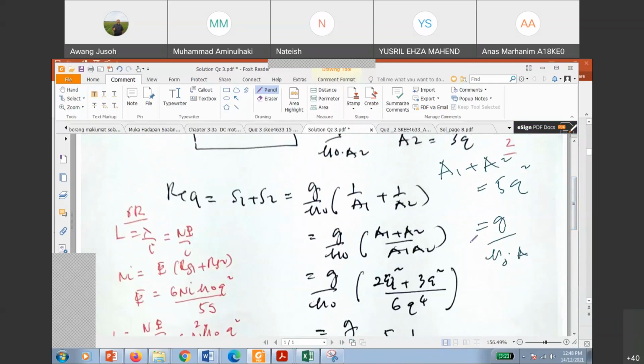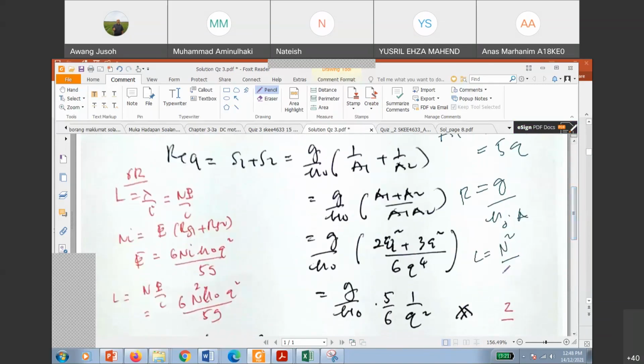This is for the reluctance. So L becomes N squared over R. So it becomes N squared over G over mu naught times 5 squared like that.